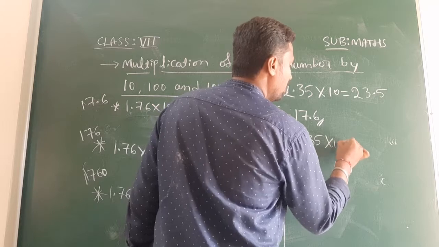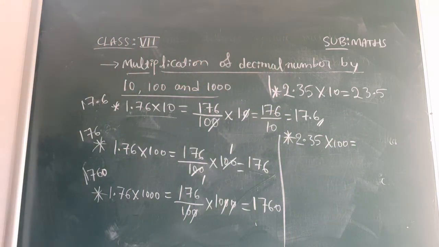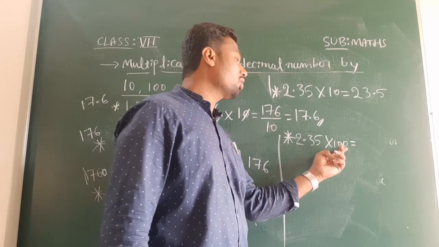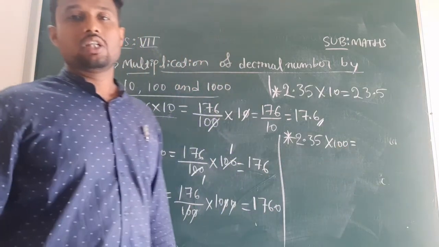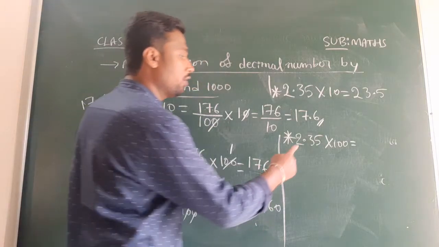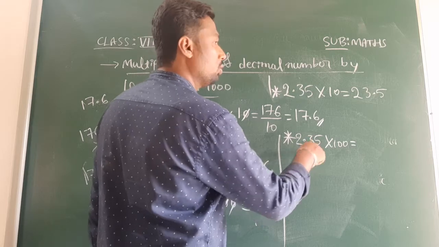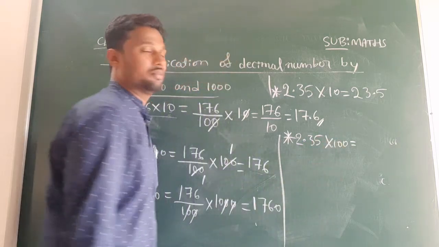into 100. So now we are multiplying this 2.35 with 100. In 100 how many zeros do you have? 2 zeros. So here we have 2 zeros, which means you have to move this decimal point 2 steps towards the right side.